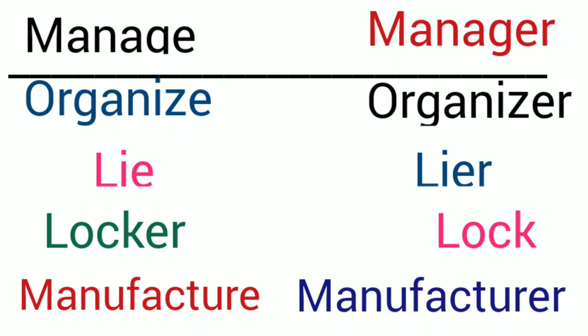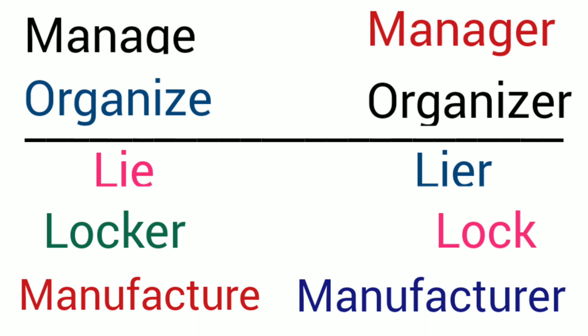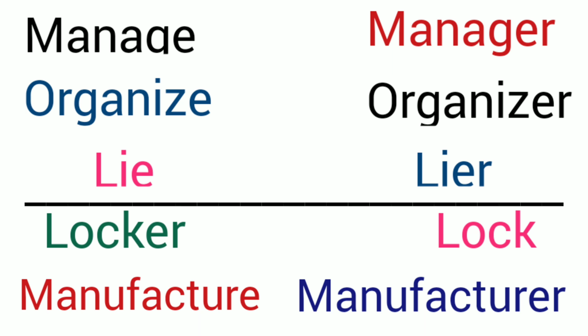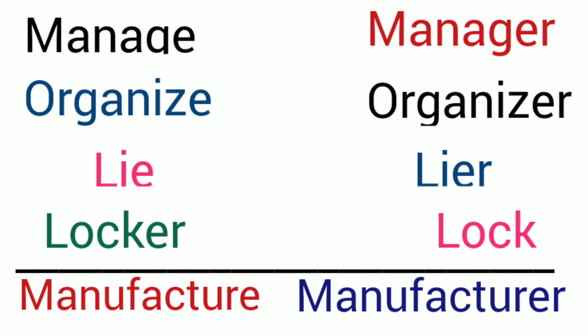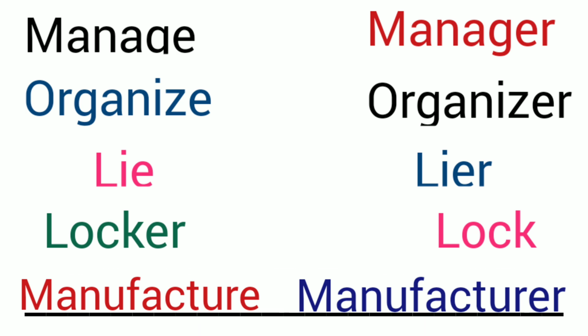The noun always has the ER or the OR, but in this lesson we are focusing on the ER. Okay, so remember, manager does managing function, an organizer does organizing function, a liar does tell lies, a locker is to lock, a manufacturer manufactures.